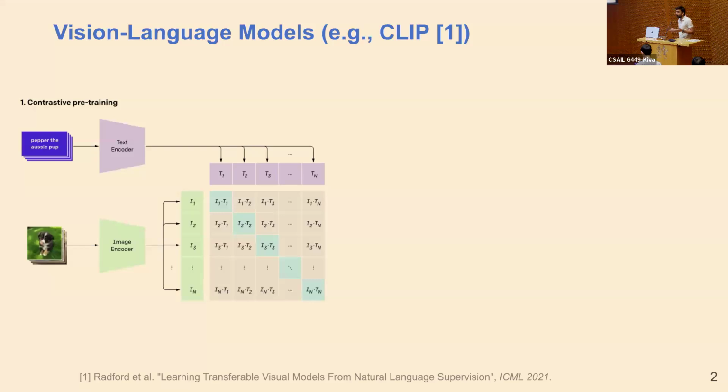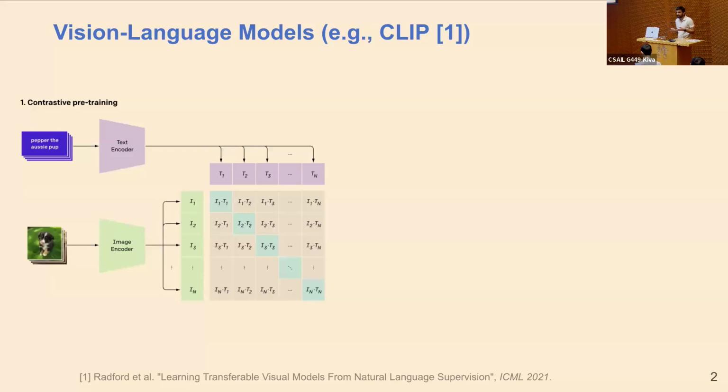How this network is trained is super simple. You have the captions coming in through the text encoder. You have your images of this cute dog coming in through the vision encoder. You get your embeddings, and then the objective is a basic contrastive loss.